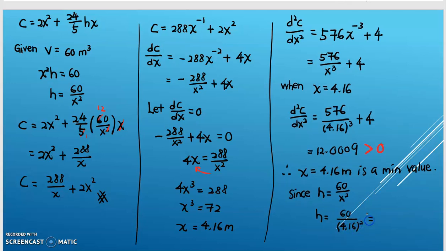And this is equal to 3.47 meter. So here is the value of h, and here is the value of x, where x is a minimum value.